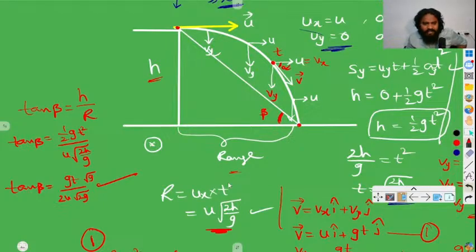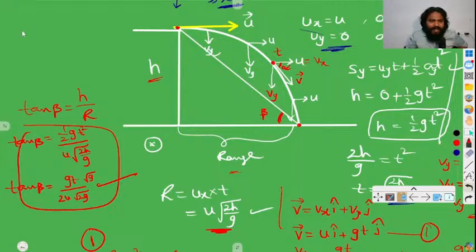Instead of doing all this, you can simply write tan beta equals h by r. Here h is half gt square, and range is ux, that is u into t. You can write u into 2, then t gets cancelled.